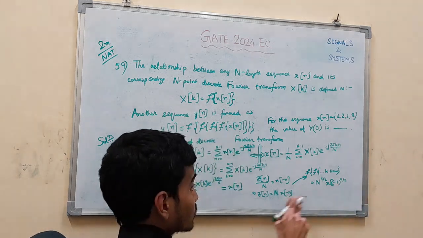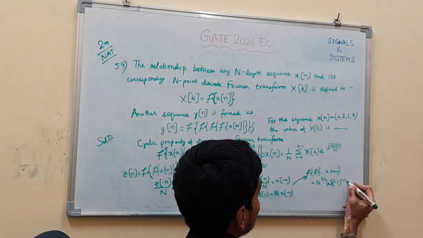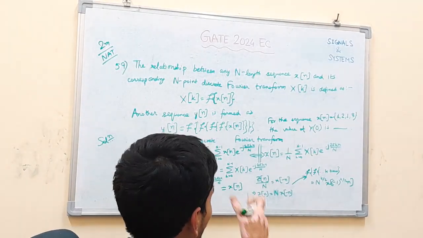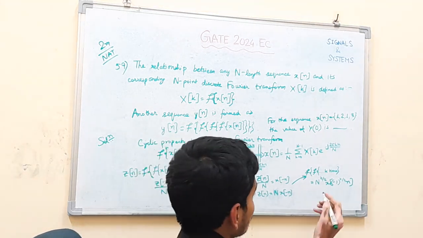Here k is 2, so 2 by 2 is 1, n to the power 1, and minus 1 to the power 1, meaning minus remains. This generalizes into the second property. I did not remember this, so I had to derive it and then use it.